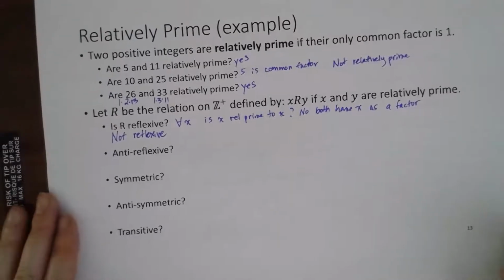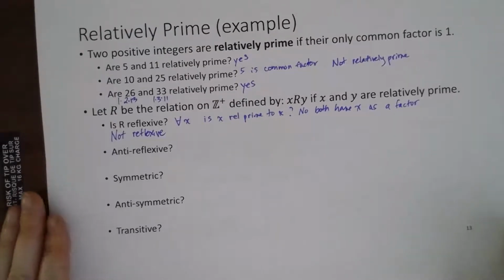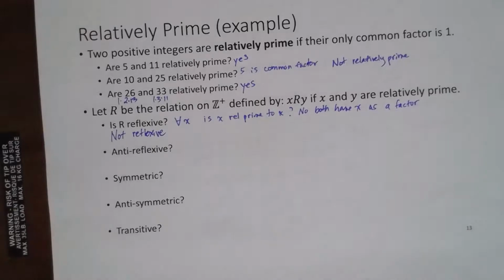All right, is it anti-reflexive? So no matter what positive integer I pick, I will never find 2 positive integers that only have a common factor of 1.